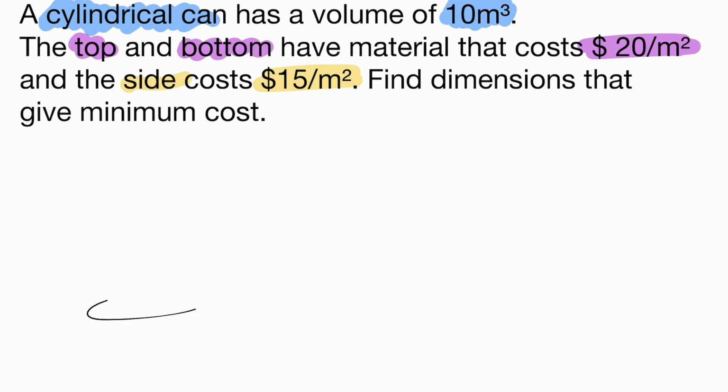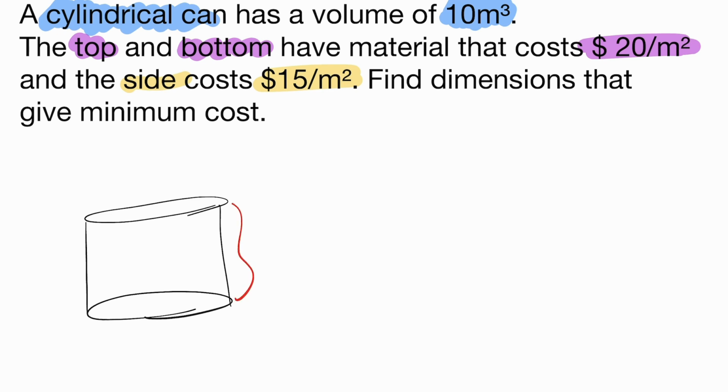So first of all, let's do a quick diagram of what this looks like. So we've got ourselves our cylinder here looking something like this. What we know here is I do not know the height, and I'm going to label the radius of this with an r. What I do know is the volume of this expression is going to be equal to, again, when you calculate the volume of a cylinder, the volume of your base here is like the area of a circle, so that's going to be pi r squared.